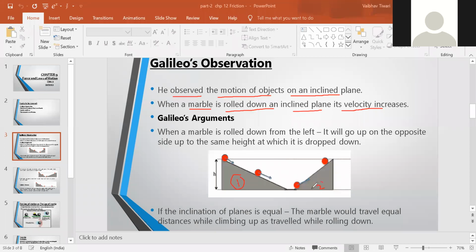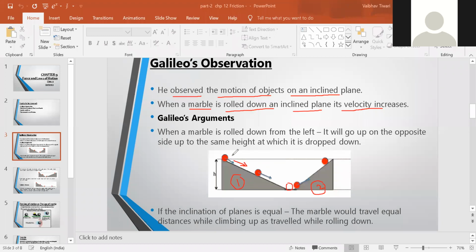So when he allowed the marble to roll down from the first plane, the velocity of the marble kept on increasing until it reached the bottom of the first plane, right? So the speed was maximum at this point.